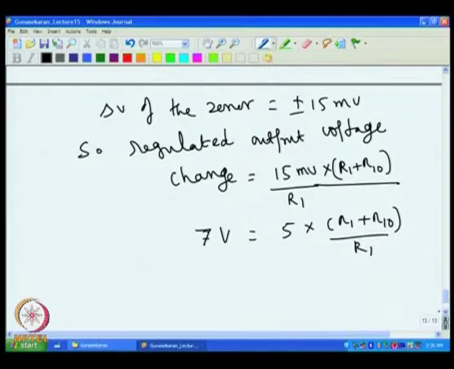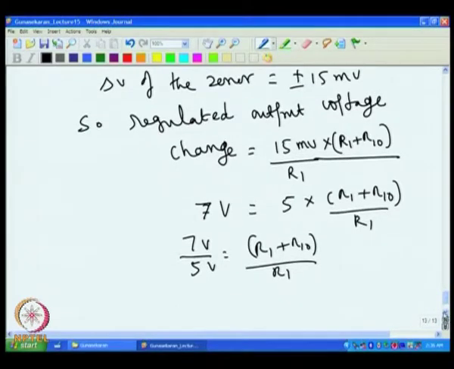So, this ratio will be 7 volt divided by 5 volt, that is R1 plus R10 divided by R1. So, substituting this value there, you will get the delta V0 change. Now this is to be replaced by 7 by 5.